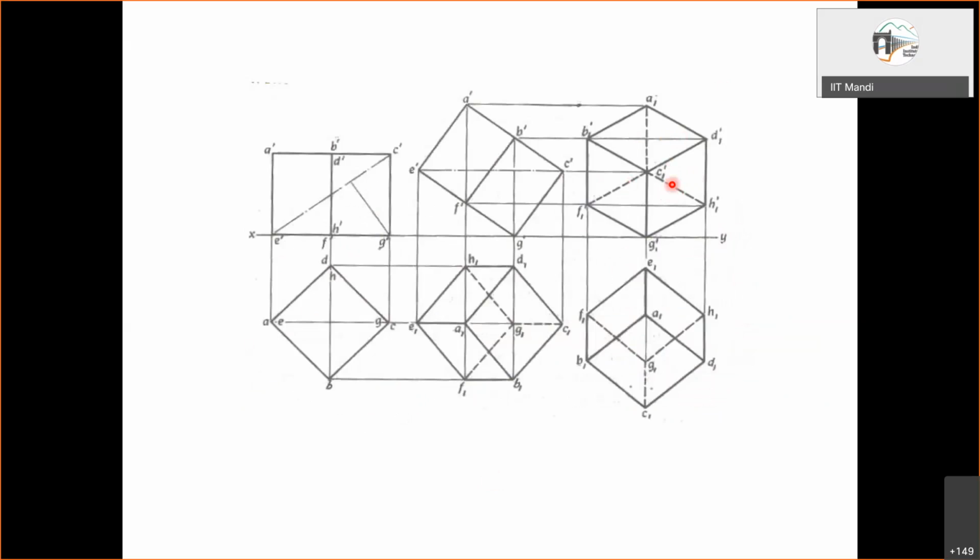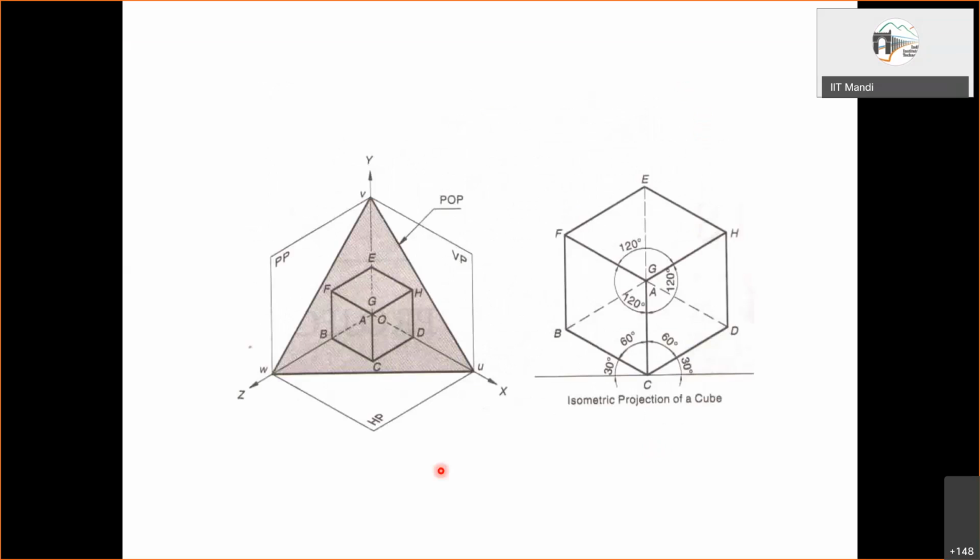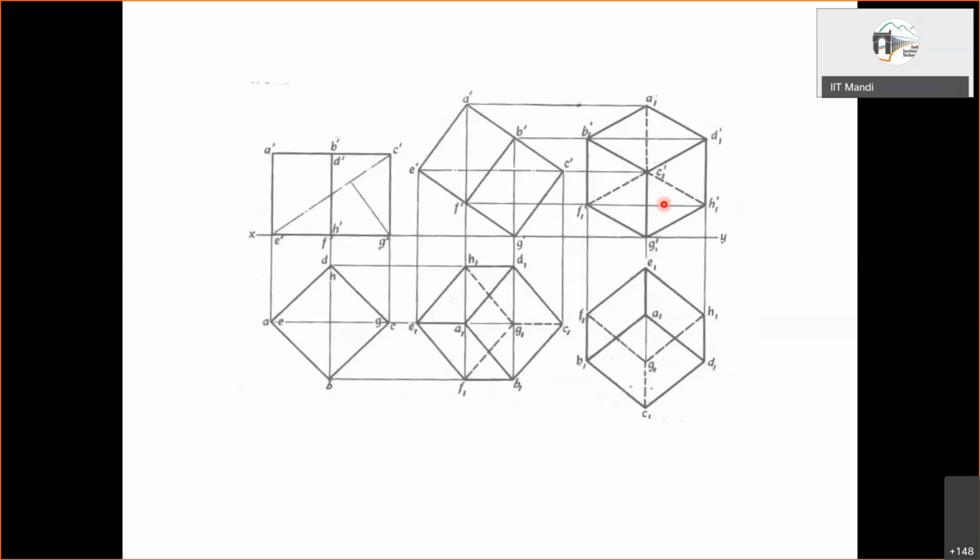Directly, if I show it like this, the exact thing might not come to everybody's mind. This plane is inclined, the cube is placed somewhere, but here it is oriented in a specific fashion, and this is the front view. That is, one single view is obtained for the cube in such a way that three faces are visible.